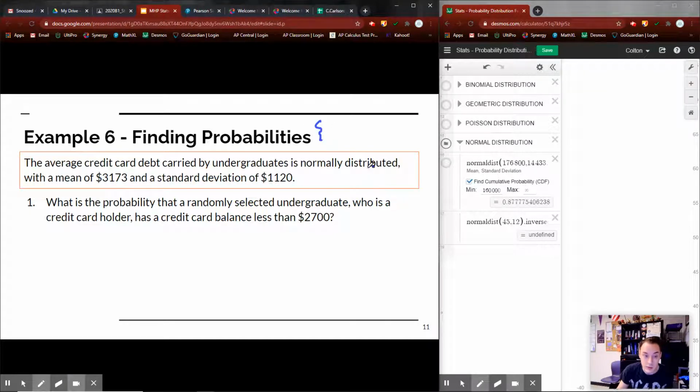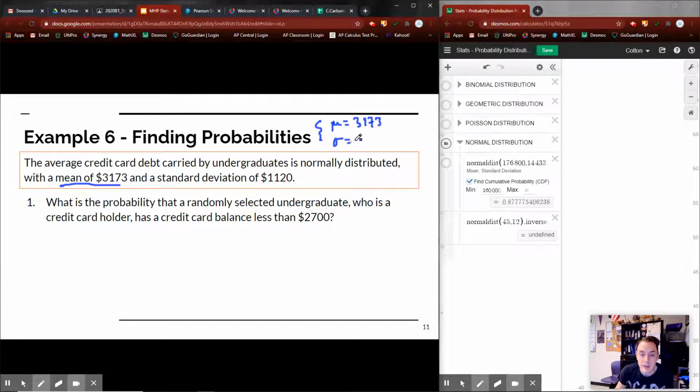Well, let's read and try to get some of these data values. It is normally distributed. That's awesome. But what's the mean? It says the population mean is right here, so let's write that: 3,173.